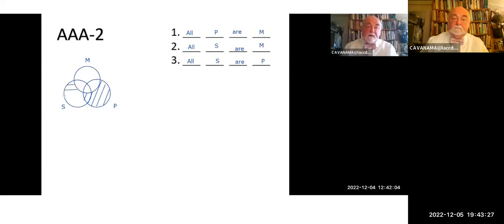Now notice we're going to end up marking one little bit two times, the same little bit. So that one is shown to be empty by two separate premises. That's okay. The syllogism is fine.